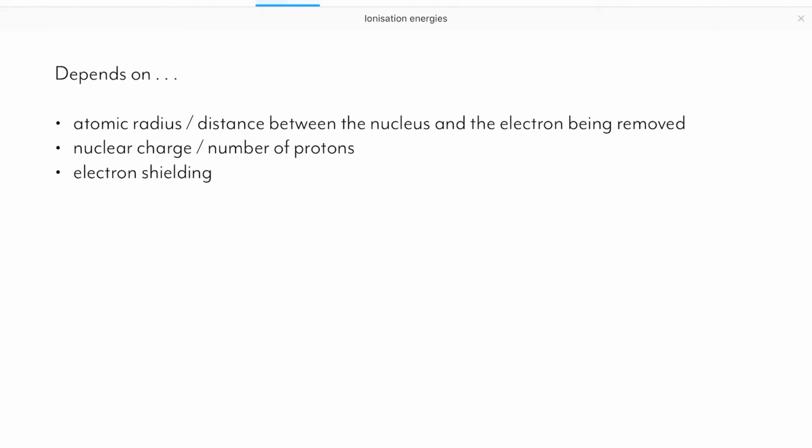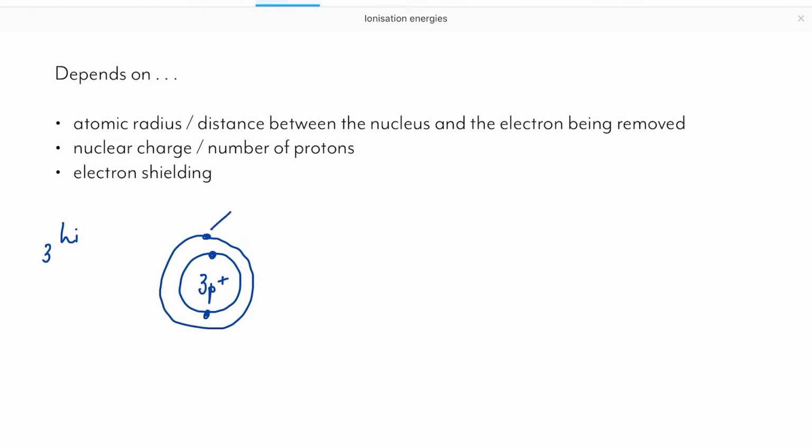So let's take lithium, for example. Lithium has 3 protons. So we would have 3 protons in the nucleus, and then just working on the simple model of the atom with our electrons and shells, 2 electrons in the first shell and 1 in the second.